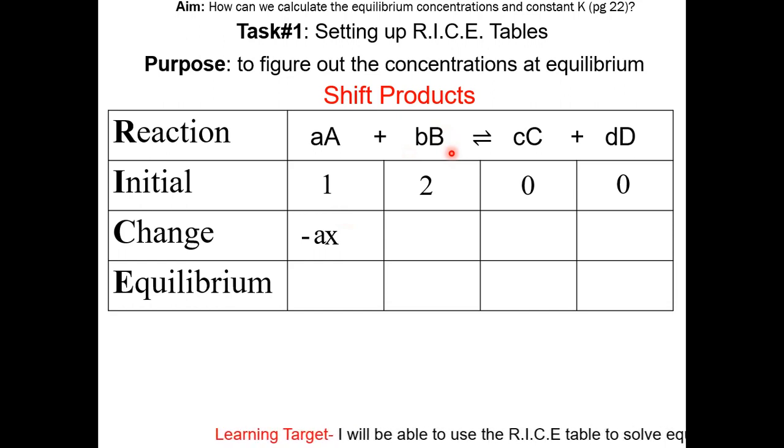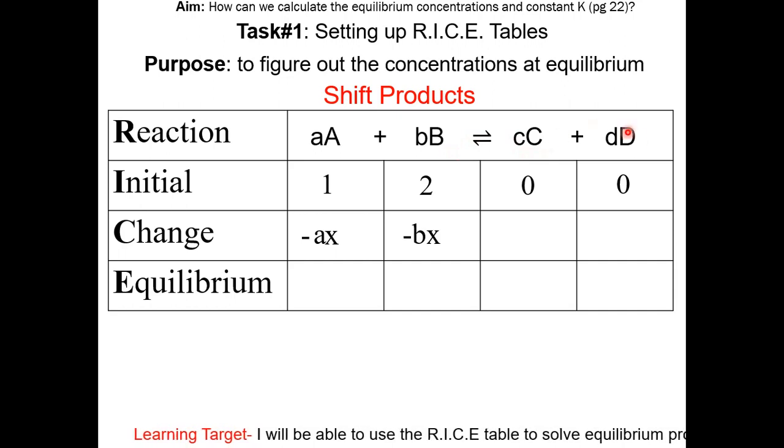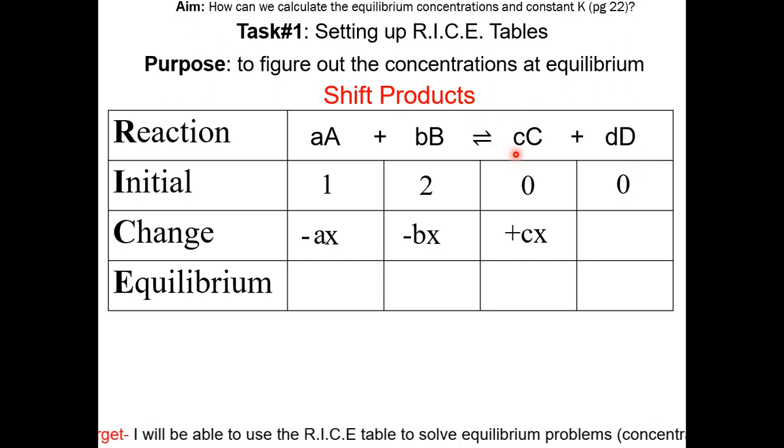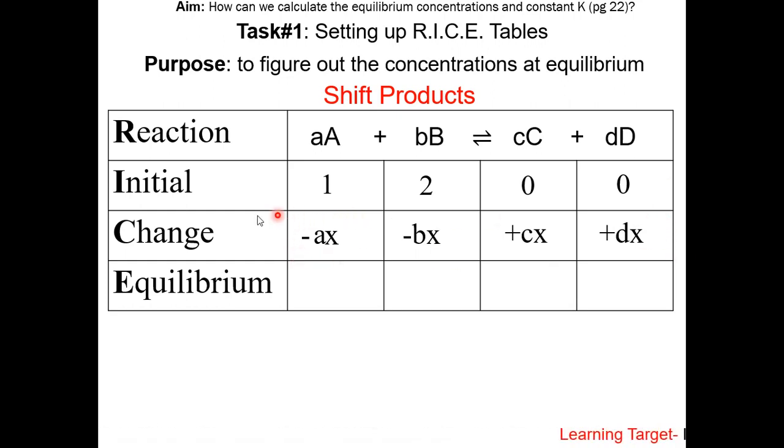For B, since it's also a reactant, it will be minus bX. C and D are products, so they will have a positive change. C will be positive cX, and D will be positive dX. These variables represent how much the initial concentration changes as the reaction approaches equilibrium.